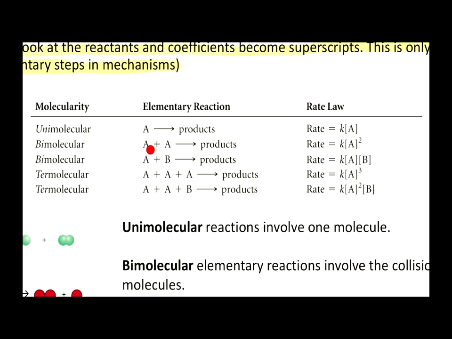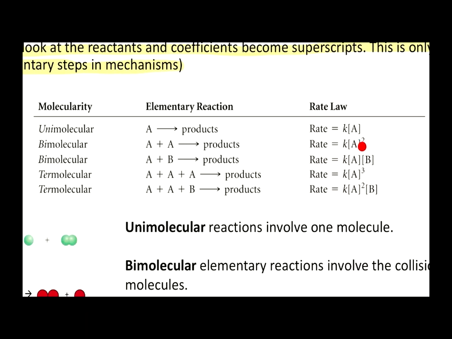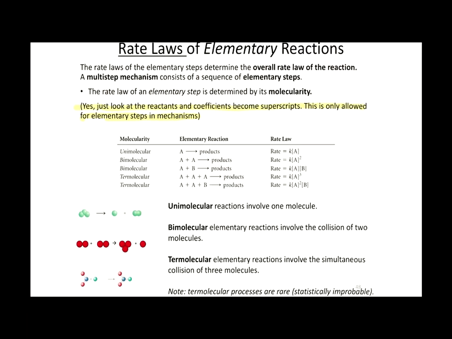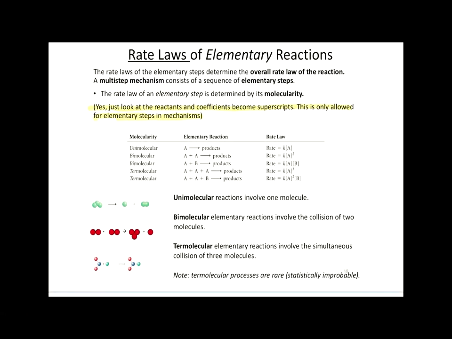If you have an elementary step in your mechanism where 2 A's are combining and colliding, there's 2 A's, then you have a second order reaction with respect to A. If you have A and B combining, your rate law for that step is A times B. So finally, when we're only working with elementary reactions, so single steps in a mechanism, you can actually just take the stoichiometry of the reactants, and that becomes your rate law for that step. This is the only time you're allowed to do it.